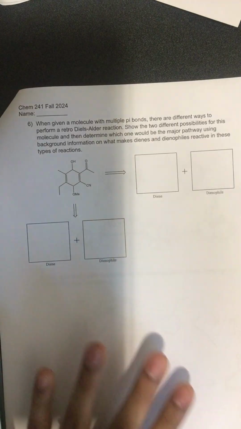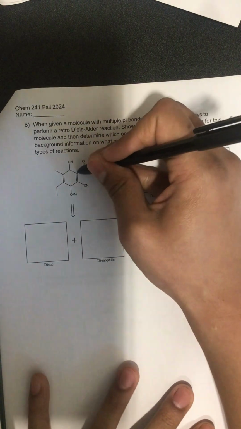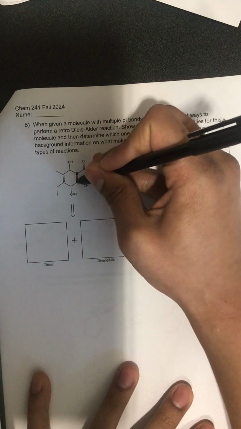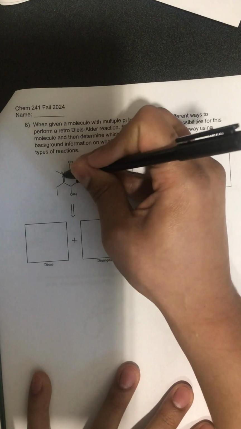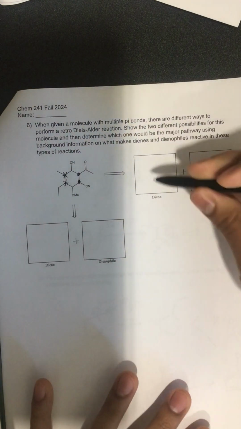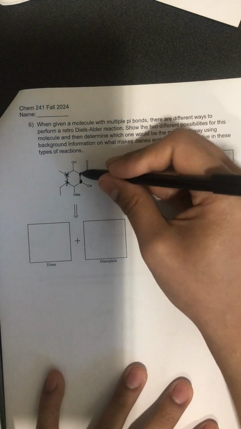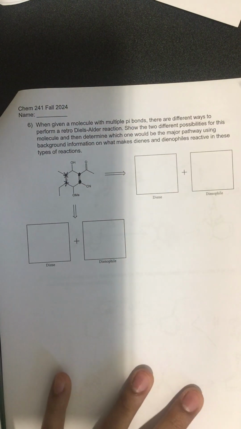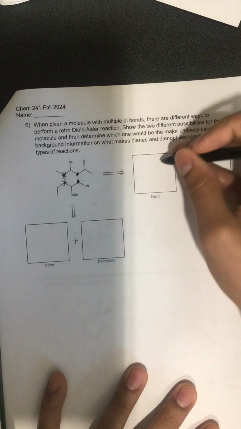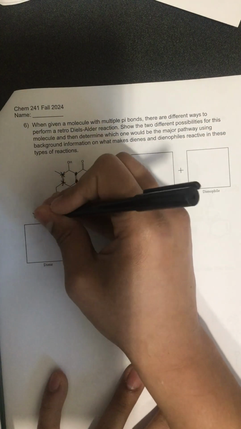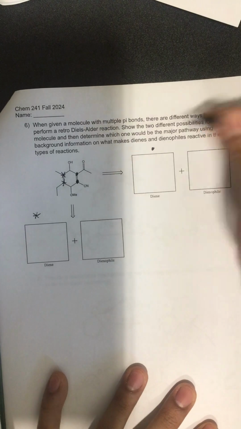All right, this last one we have to do retrosynthesis. Again, I'm not going to do the whole diene, just because there are 2 different ways you could break this apart, because there are 2 different cyclohexenes you could have, right? So the star side, and this is the dot side, right?